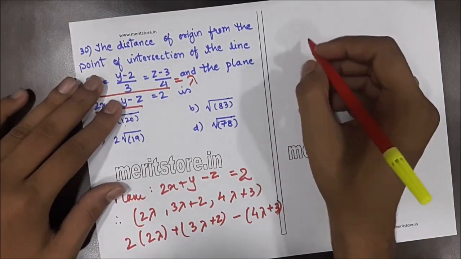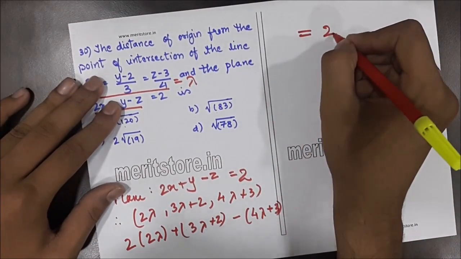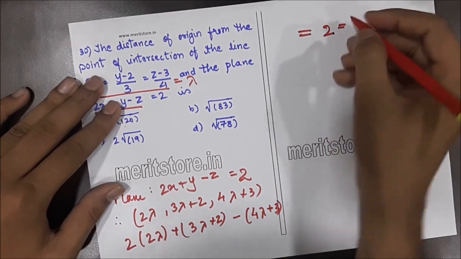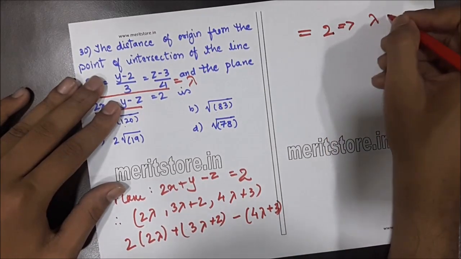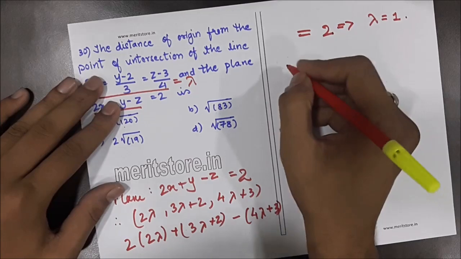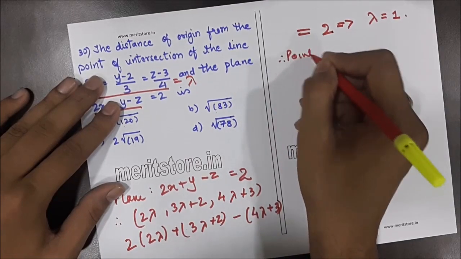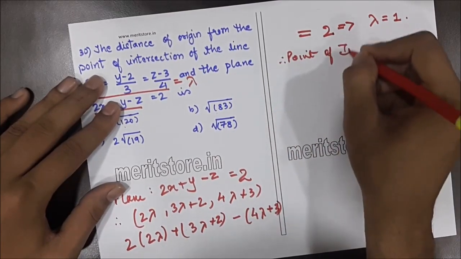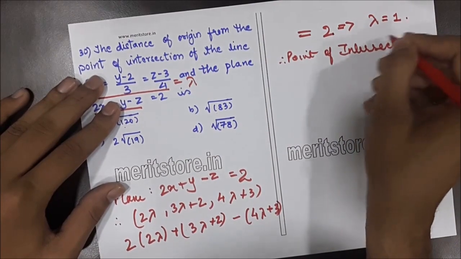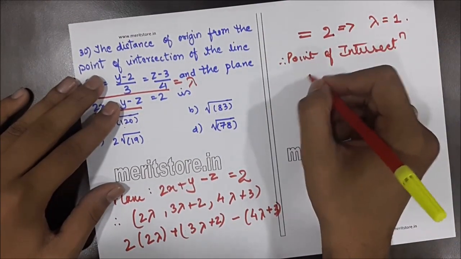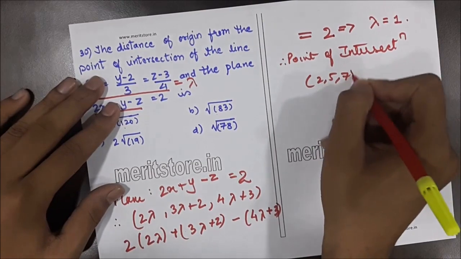Further solving this, we get it equal to 2, which further gives lambda is equal to 1. So the point of intersection is (2, 5, 7).